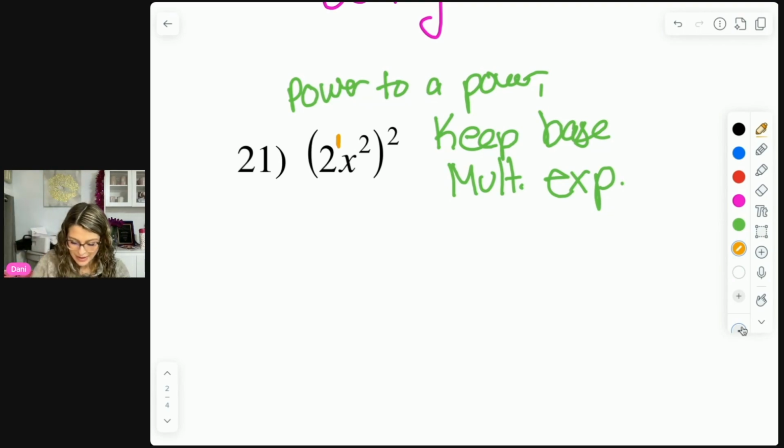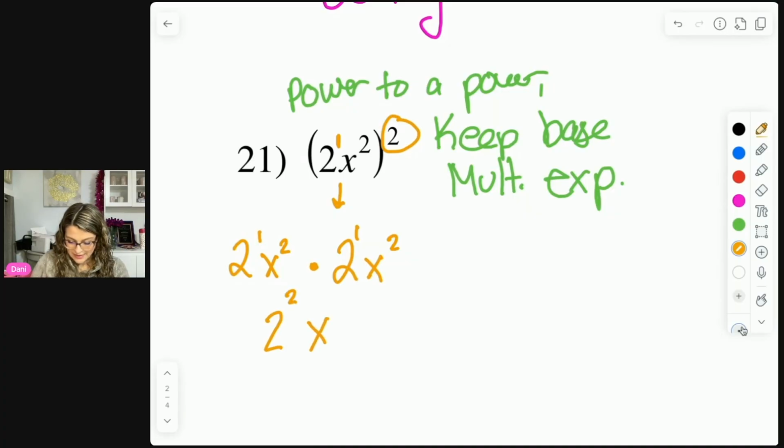So for this one, I'll break it apart just so you can see. So this is really like saying 2x squared times 2x squared, which would make this 2 squared x to the fourth.